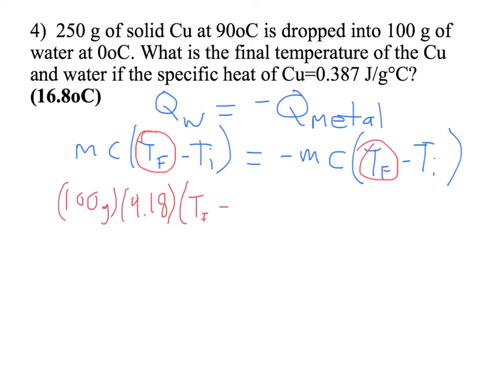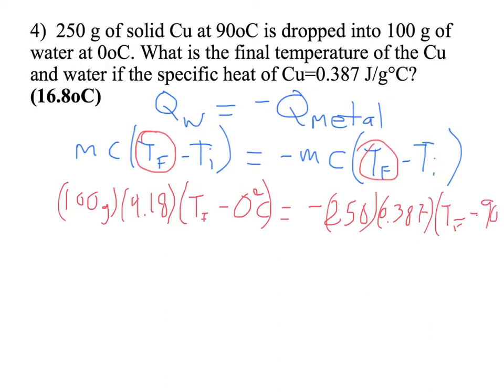The initial temperature of the water is 0 degrees Celsius, is equal to the minus of the mass of the metal. It's 250 grams times 0.387, TF minus the initial temperature of the metal, which is 90 degrees C.